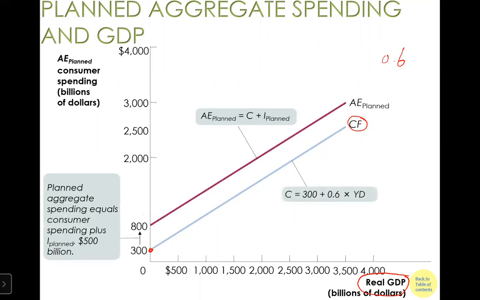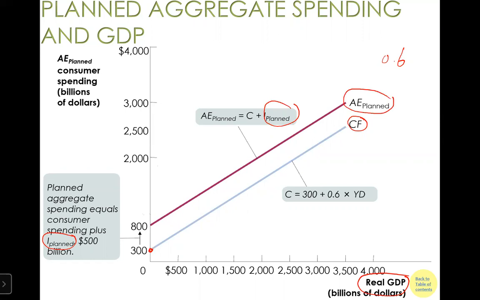Now we add planned investment on top of the consumption function. Because this planned investment is fixed, you just move this line up, and then you reach aggregate expenditure. Again, this is a plan.